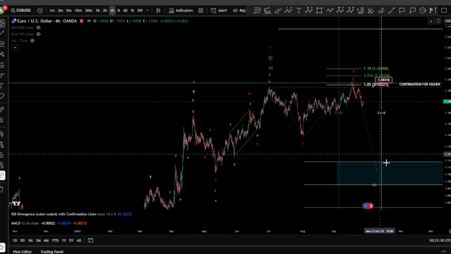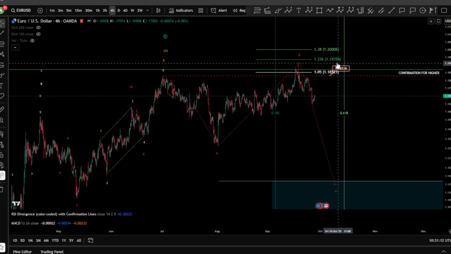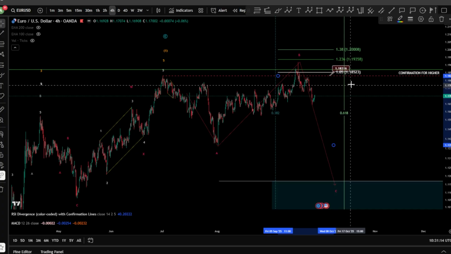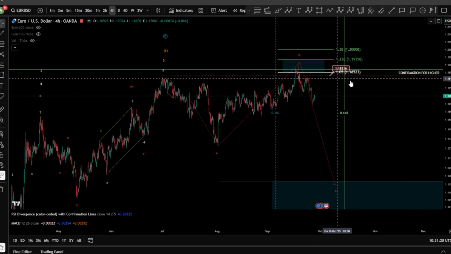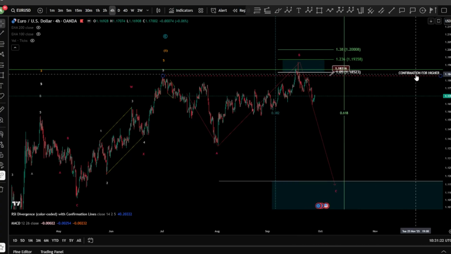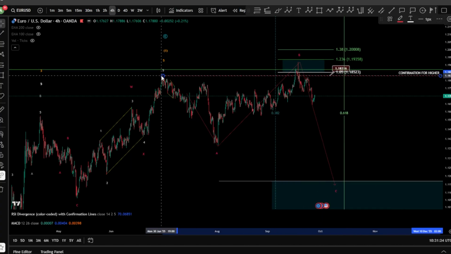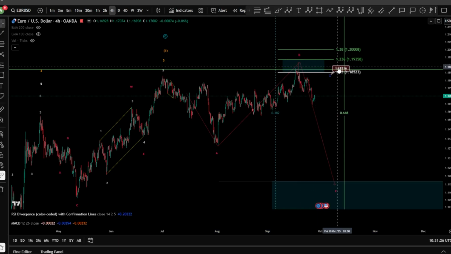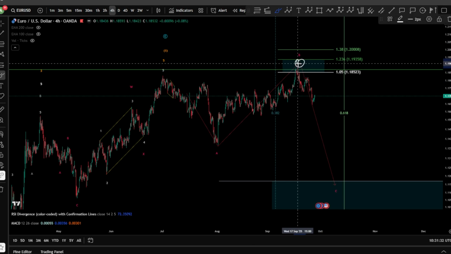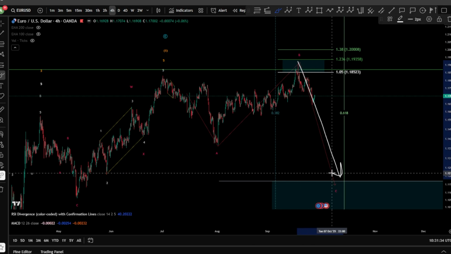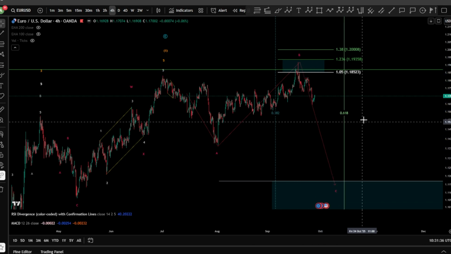And I'm going to show the previous analysis here for the lower time frame, and as you can see, we have hit perfectly our blue box here with the perfect Fib levels of a wave B. Now we saw confirmation for higher, starting by taking the high. We saw higher prices. This one we can remove it. We saw higher prices, and we saw this level hit and rejected, and that means we continue right now downward for a wave C.